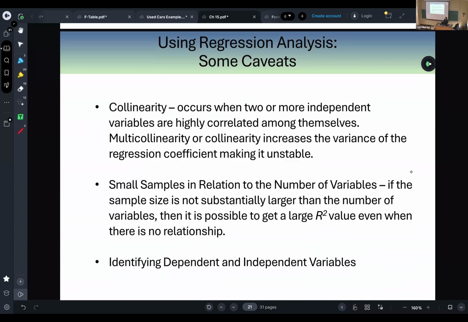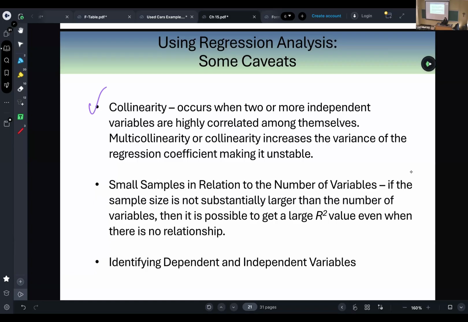For example, if you have height and weight as two different predictors, or height and shoe size predicting weight, they could be really correlated. If they're really correlated among themselves, we call that multicollinearity, and it increases the variance of the regression coefficients, making them unstable.